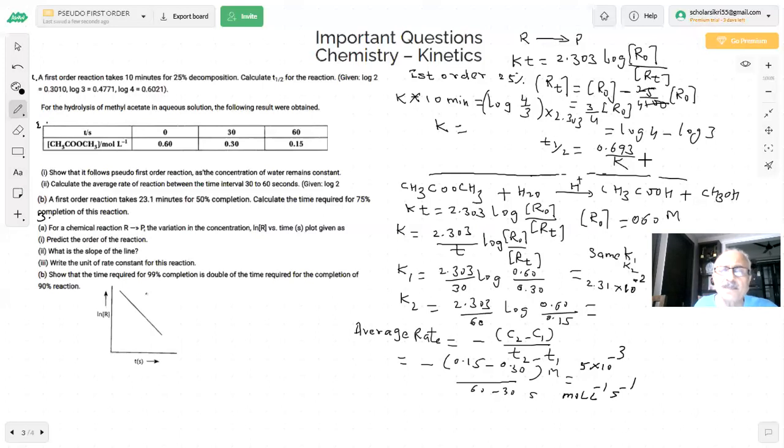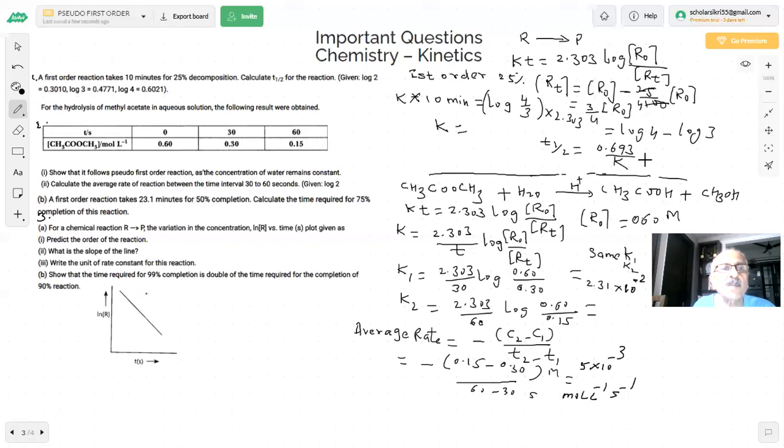I told you that a graph is going to be there in the exam. We have told you different types of graphs, not one type. If you are lucky, you get a very easy graph. It depends on the person who is setting the paper. There are so many types of graphs I told you about. It says: predict the order of the reaction, what is the slope of the line, write the units of the rate constant.